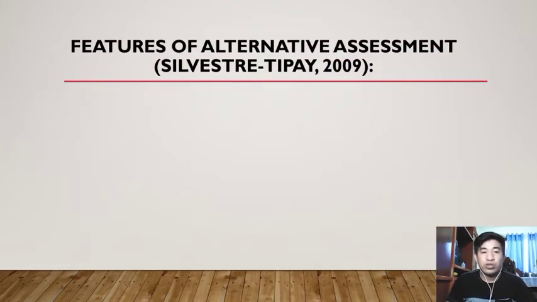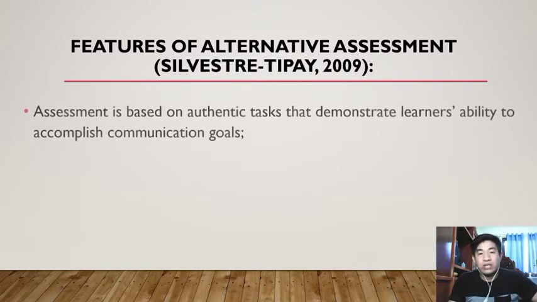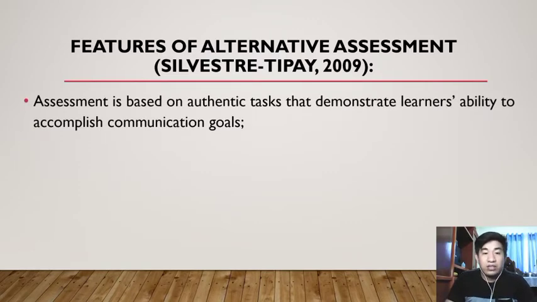Here are the features of alternative assessment, the attributes or characteristics of alternative assessment, according to Silvestre-Tipay 2009. Assessment is based on authentic tasks that demonstrate learners' ability to accomplish communication goals. So a particular assessment can only be called alternative assessment if it seeks to demonstrate learners' ability.